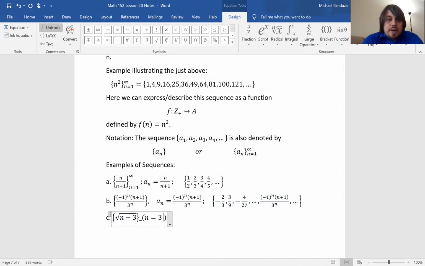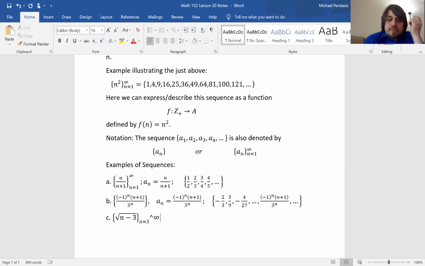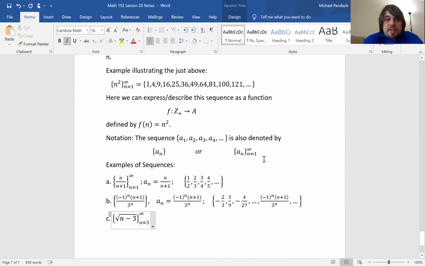And so this is from n equals 3 to infinity. Okay, so now we're starting the sequence at n equals 3 because we have to, because we're dealing with real numbers. And so now I need to use the other notation, the right one, in order to say where I'm starting.